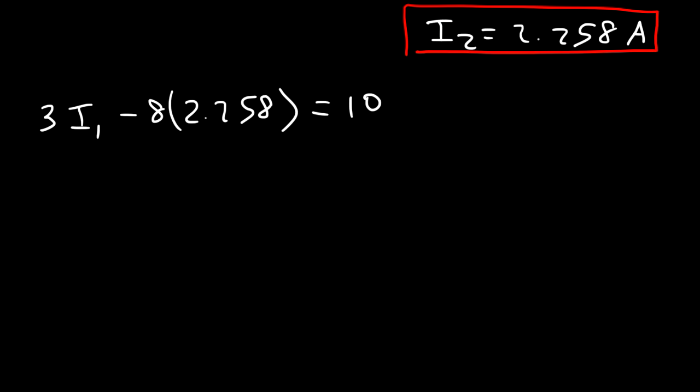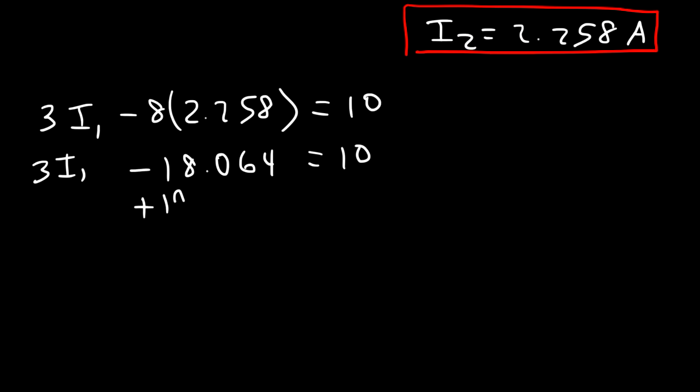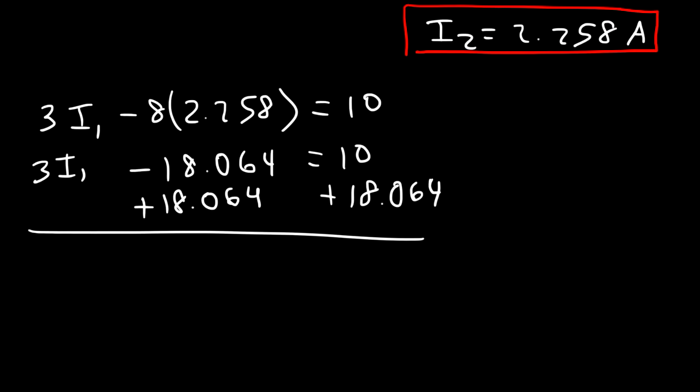Negative 8 times 2.258, that's negative 18.064. So let's add 18.064 to both sides.